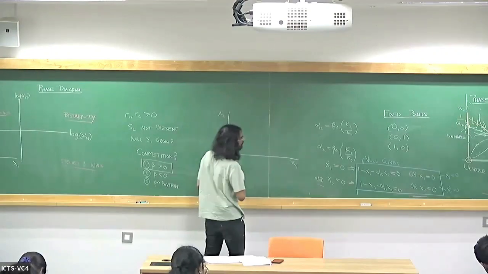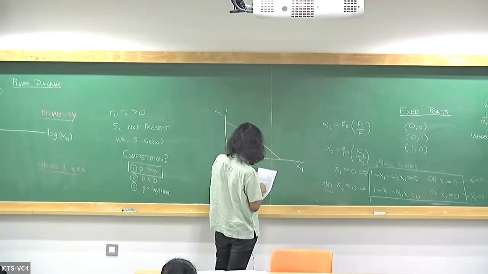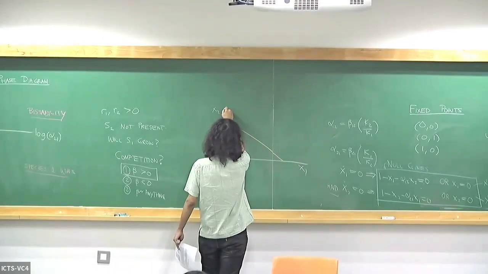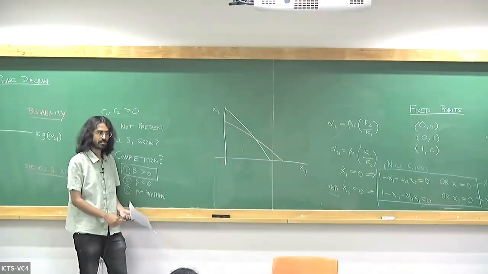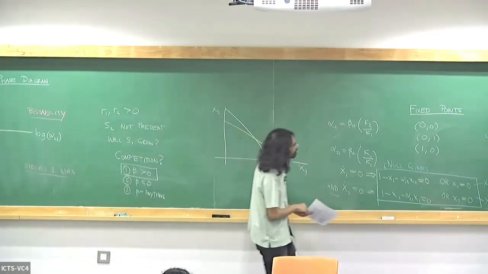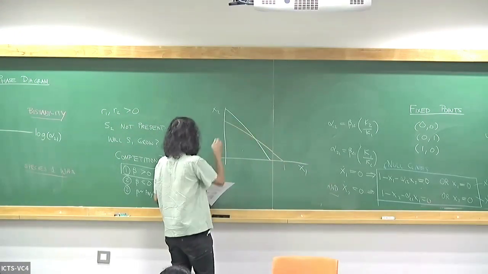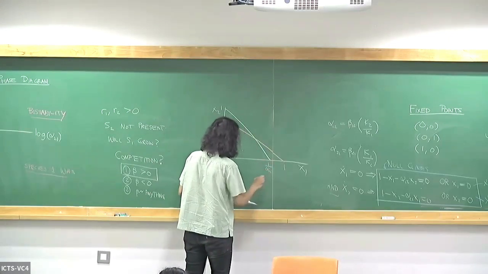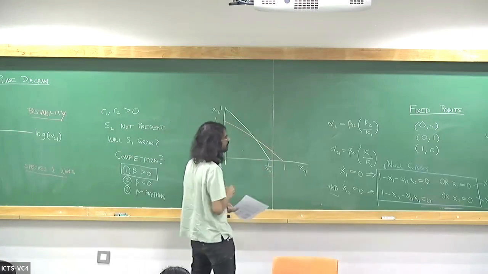Right, so you'll get one line that looks like this. And these lines will still cross, but those ones were crossing from above, these ones will cross from below. You will get this kind of situation. This one is 1, this one is 1, this one is 1 over alpha 2,1, this one is 1 over alpha 1,2, right?